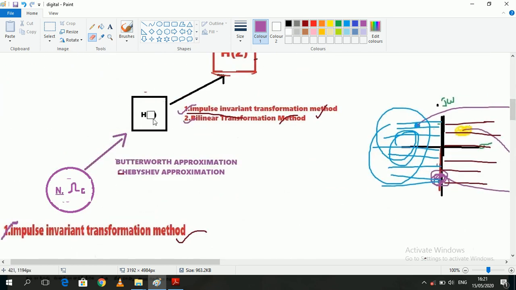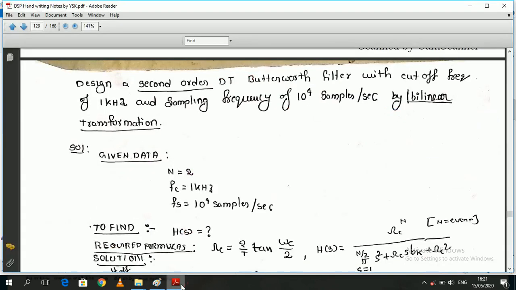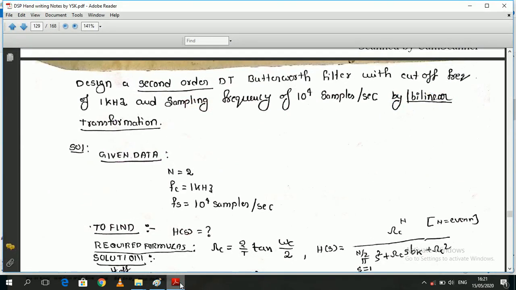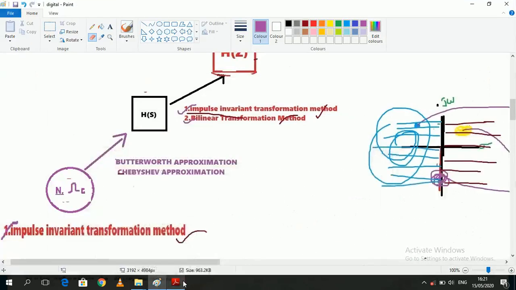At the same time, you have to design H(s) by using the values: second order, n equal to 2, and cutoff frequency 1 kilohertz. Only these two values are given. By using these two values, you can design H(s) using Butterworth approximation, and after applying bilinear transformation, you can design H(z). So this is the question.